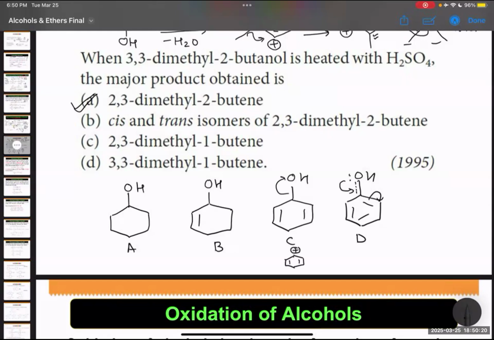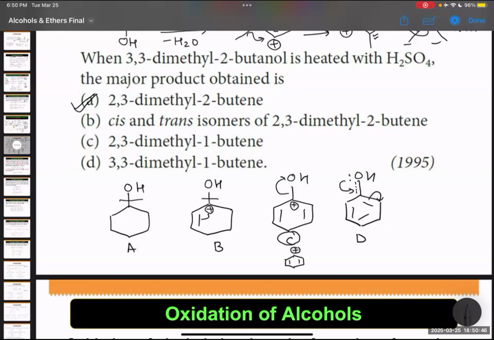Out of these, C can form the most stable cation because the cation comes between the 2 double bonds after the removal of OH, and it is the most stable resonance stabilized cation. Then you have this cation which is also resonance stabilized, but only 1 double bond can help it get stabilized. And then you have this normal cation, which is secondary but not undergoing resonance.